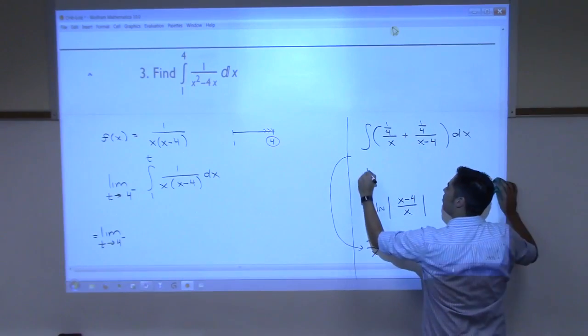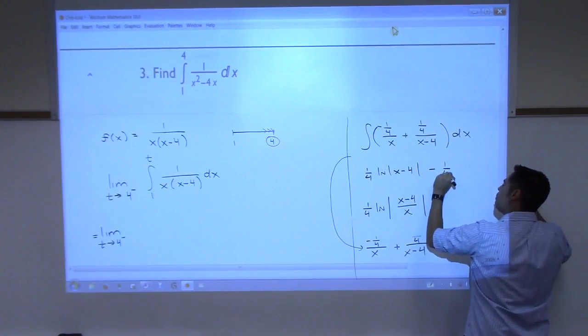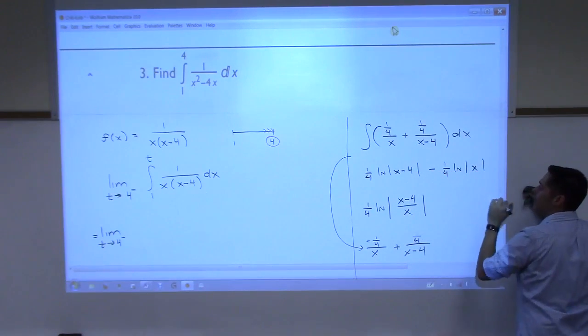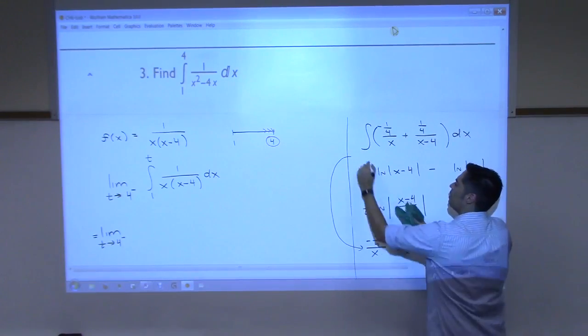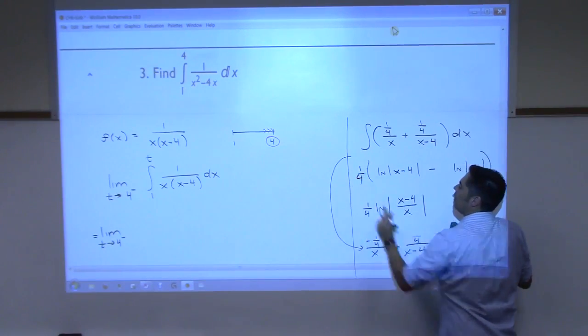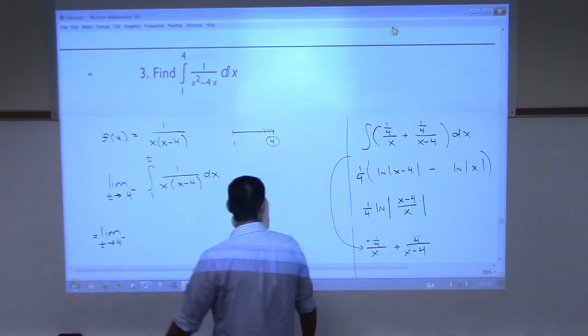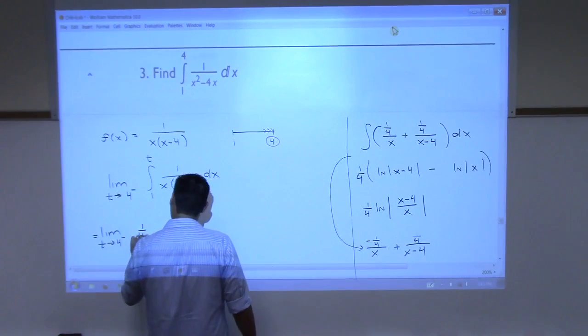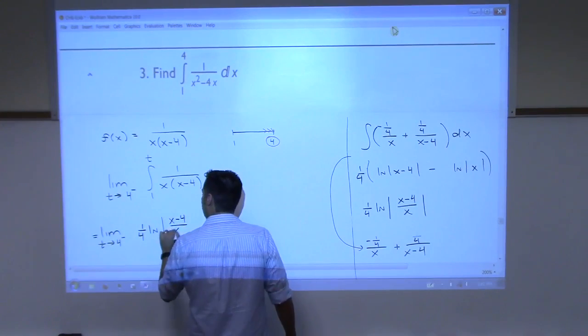It would be 1/4 natural log x minus 4 minus 1/4 natural log x, right? And then pull the 1/4 out. So the 1/4 is gone here. And now if you subtract 2 logs, it's division. So there you go. I like that. That's the cleanest version of it. So 1/4 natural log of x minus 4 over x.